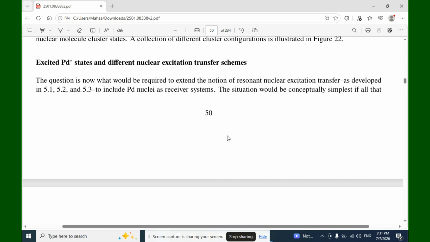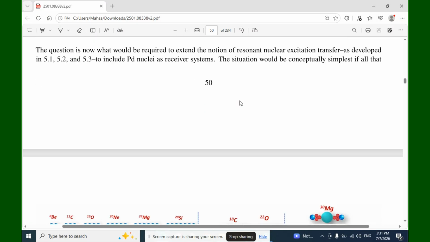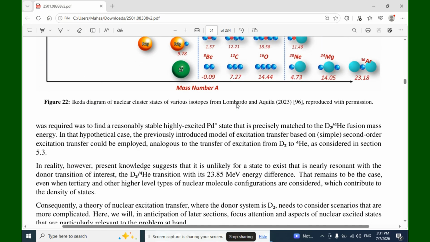The question is now, what would be required to extend the notion of resonant nuclear excitation transfer as developed in 5.1, 5.2, and 5.3 to include palladium nuclei as a receiver system? This situation would be conceptually simplest if all that was required was to find a reasonable, stable, highly excited palladium star state that is precisely matched to the deuterium-deuterium helium-4 fusion mass energy.